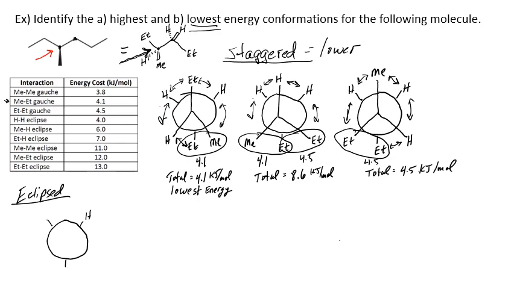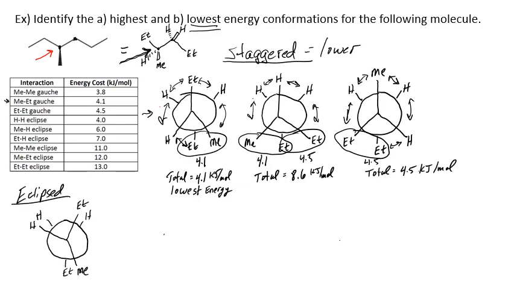That's an ethyl. There's a hydrogen. Okay, now let's look at our first one. All I'm going to do is rotate that 60 degrees, and I see that my ethyl goes there, my hydrogen goes here, I have a methyl.